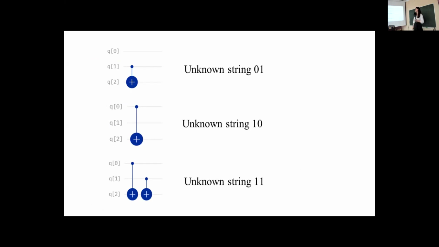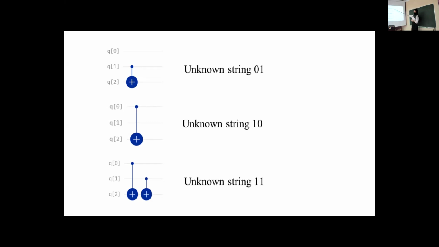In the second case, you have the unknown string 1, 0, and you have the action of a controlled NOT gate on qubit 1. And if the unknown string is 0, 0, we have no actions of these controlled NOT gates.